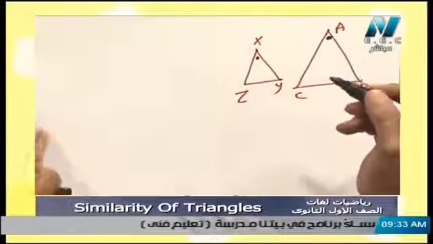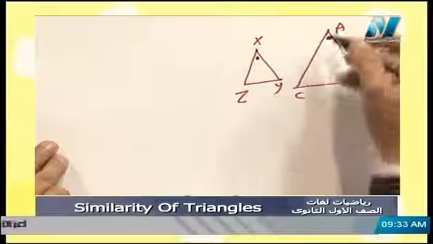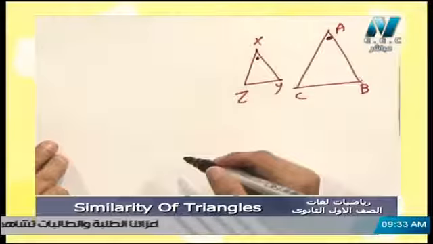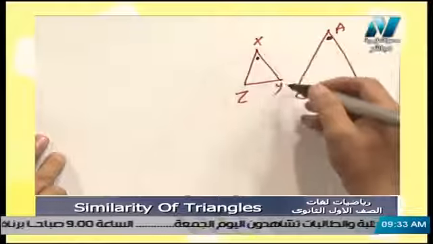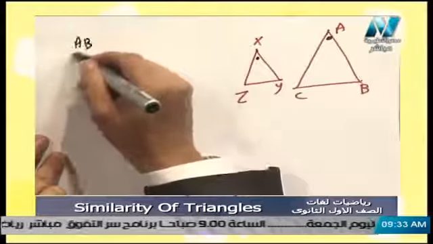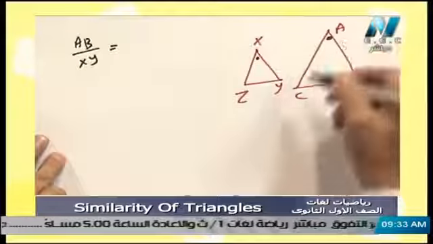If we have these two angles equal, and the two sides that include them are proportional, then we can say that AB over XY equals AC over XZ.